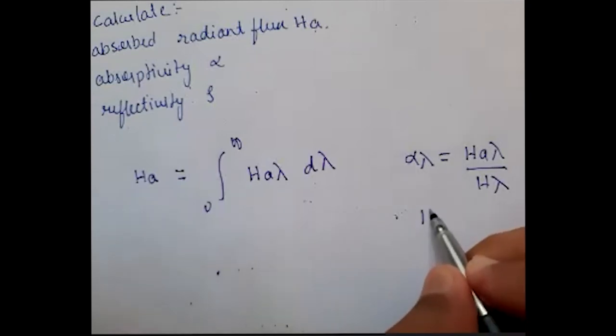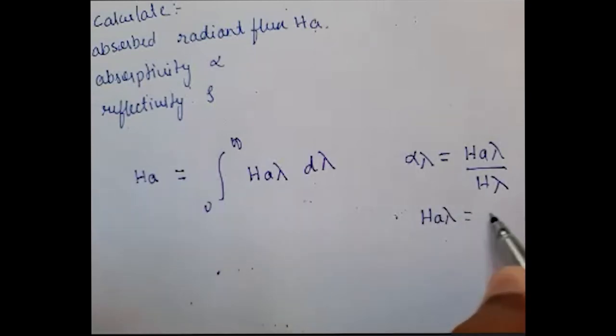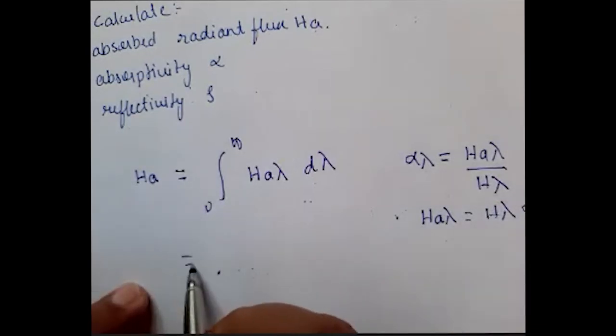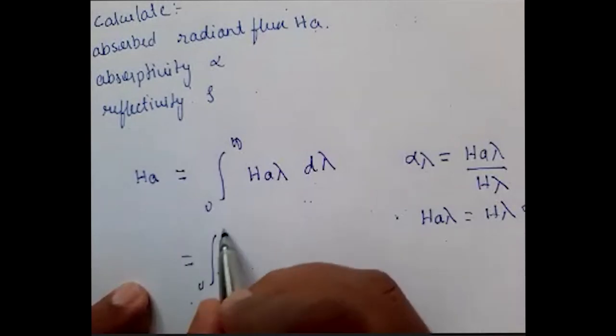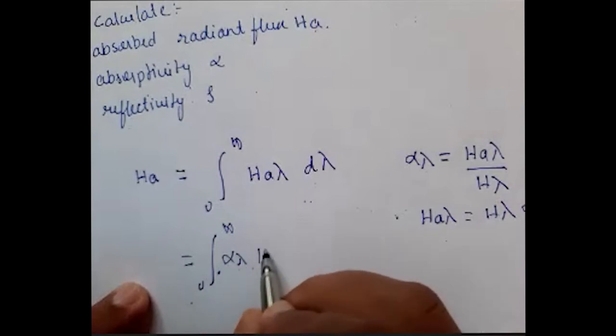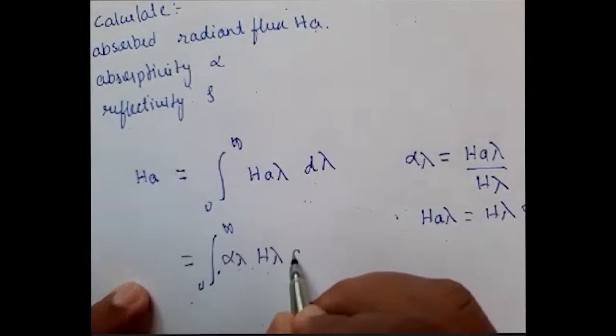So HA lambda is equal to H lambda into alpha lambda. So I substitute the value in this equation. It is integral from 0 to infinity of alpha lambda into H lambda into d lambda.